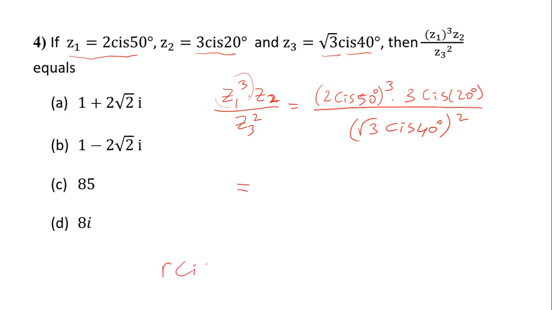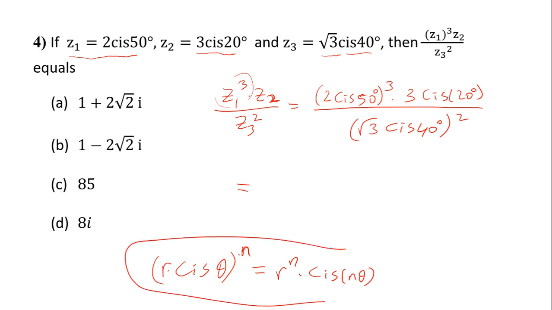And then remember this. If you have the polar form of some complex number, and you're taking the nth power, it means r to the nth times CIS n theta. So this is the Moivre theorem, or I don't know how it is pronounced. It's in French.